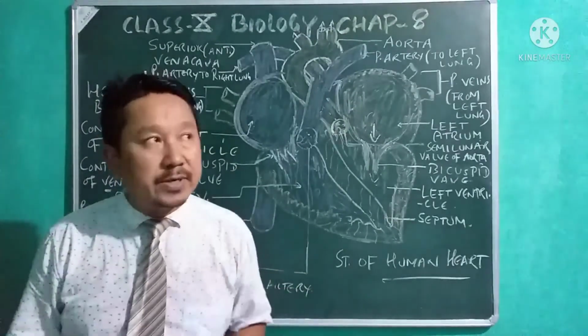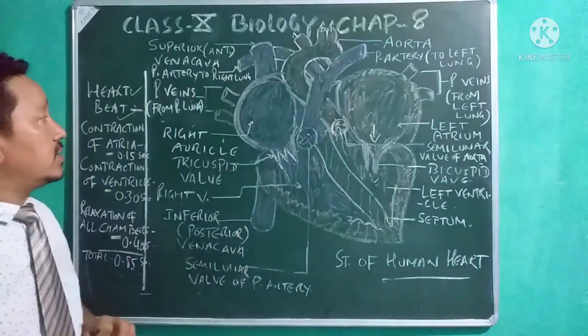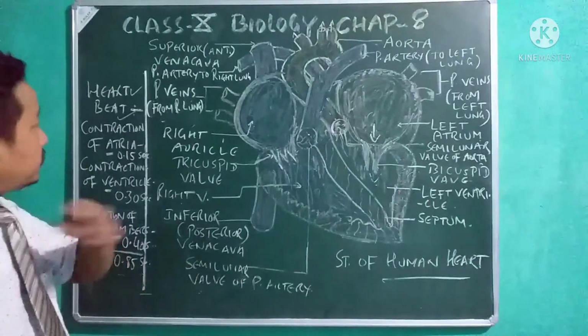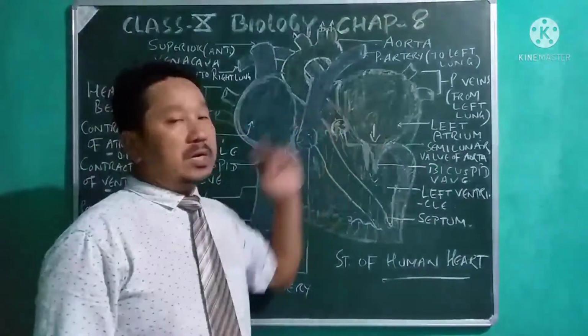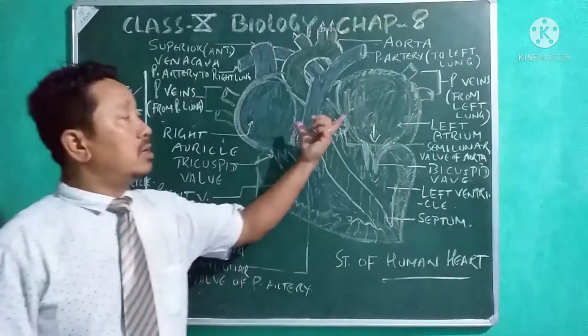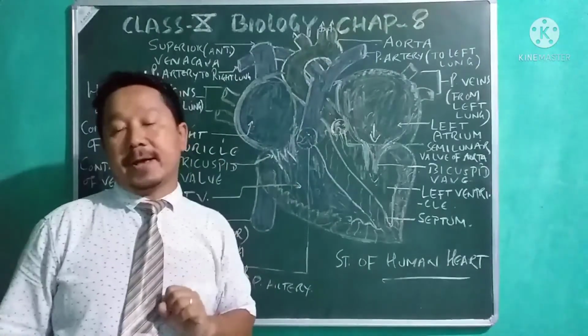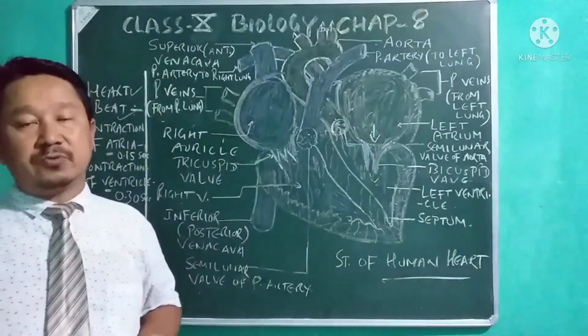For the heartbeat, first the upper region of the heart, the auricles or atria, will contract first.